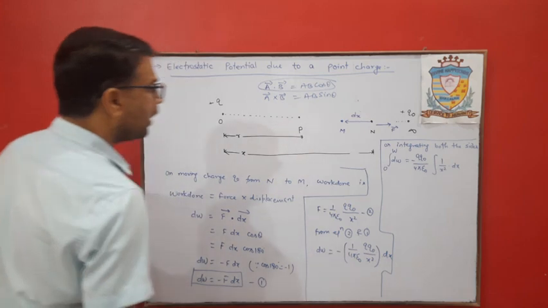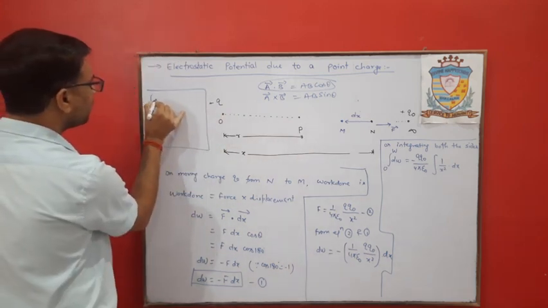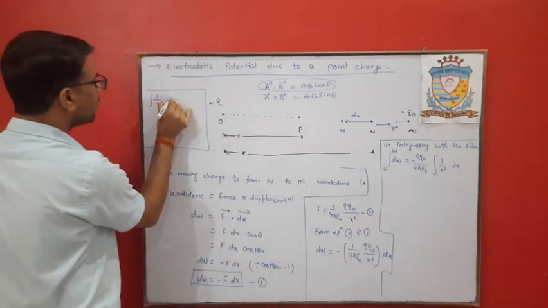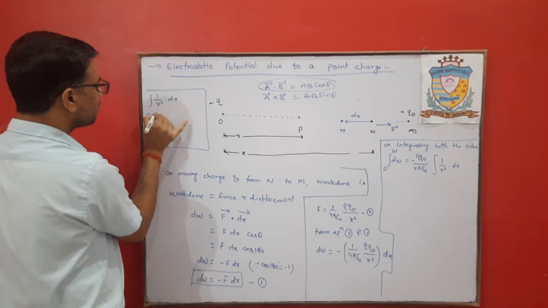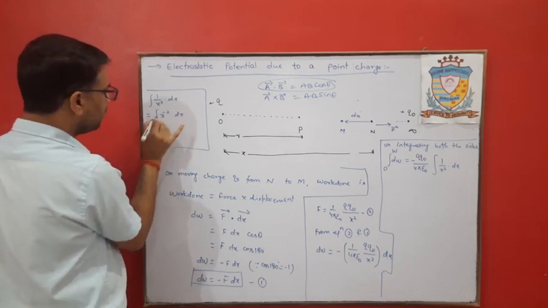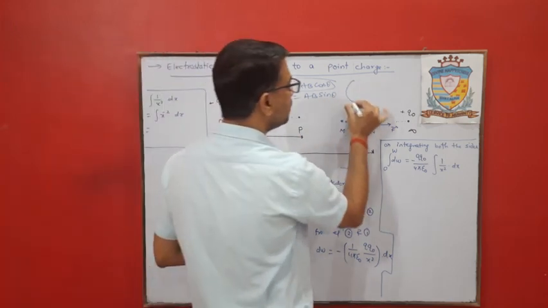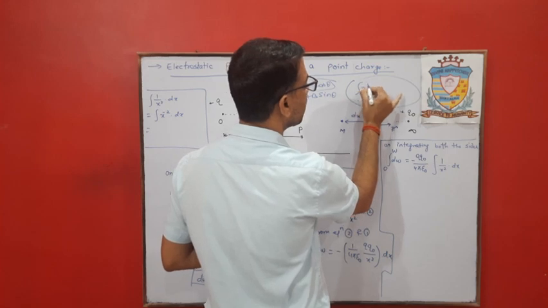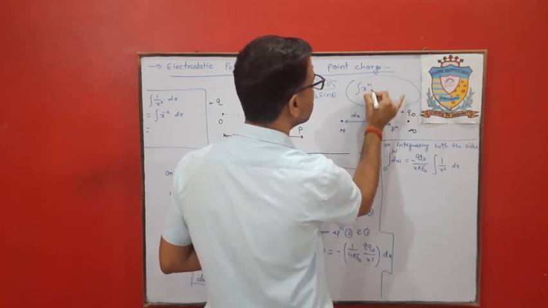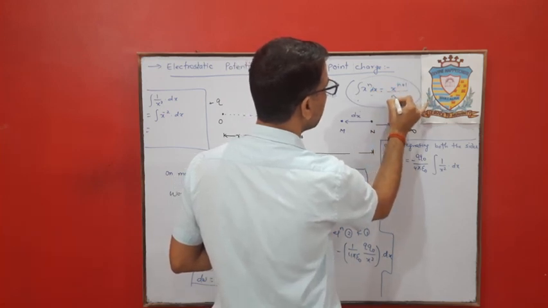Okay. And we know that the integration of 1 upon x square into dx can also be written as x to the power minus 2 into dx. And we know that the integration of x to the power n into dx is equals to x to the power n plus 1 upon n plus 1.